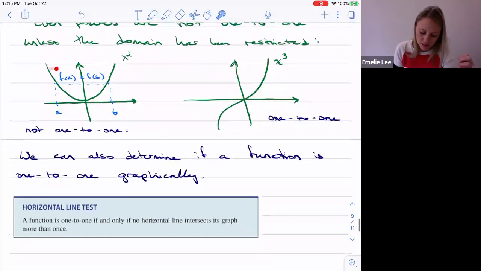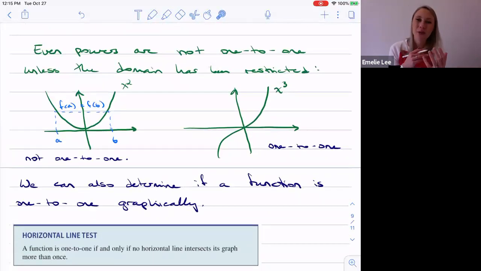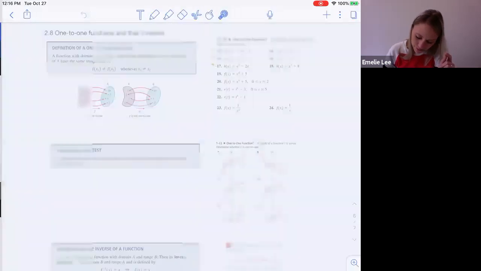As long as a horizontal line intersects more than once, it's not one-to-one. Here, you can have as many imaginary horizontal lines as you want, but it's never going to cross the graph more than once. You can always check your work using Desmos. Sometimes it's easier to just graph it and do the horizontal line test, but I expect you to be able to show that something's one-to-one mathematically. So here we go.